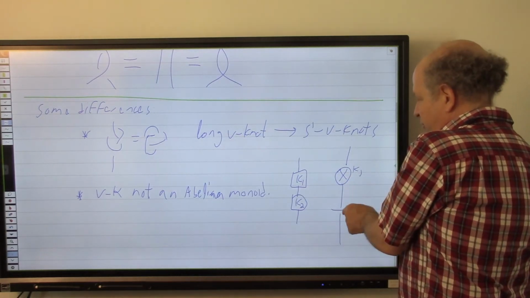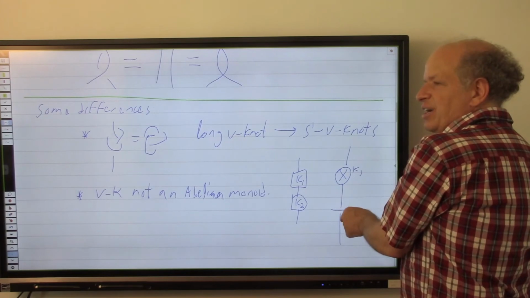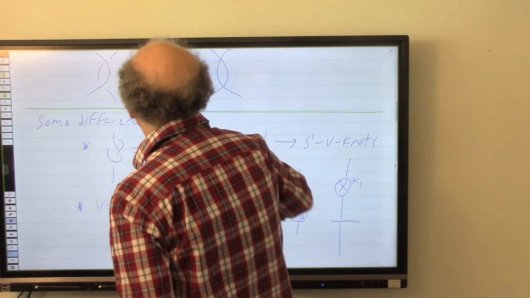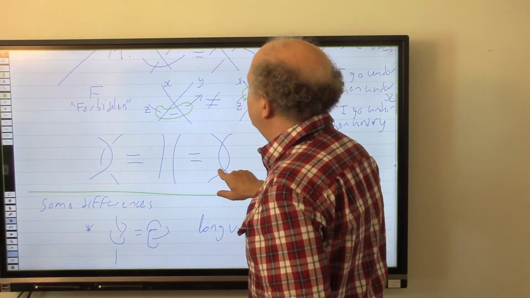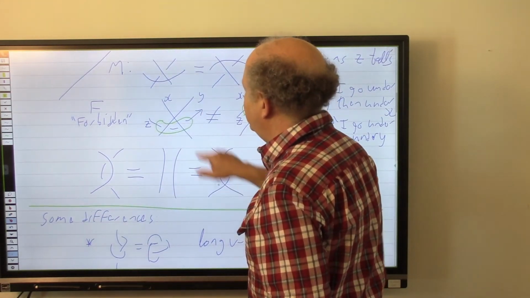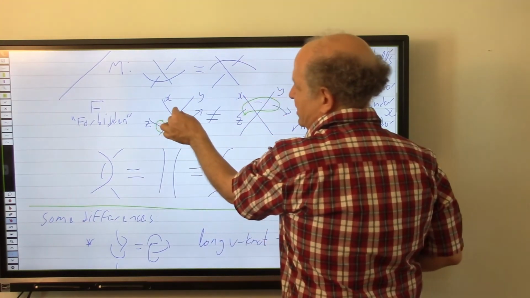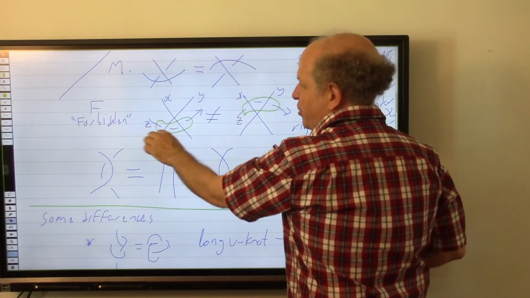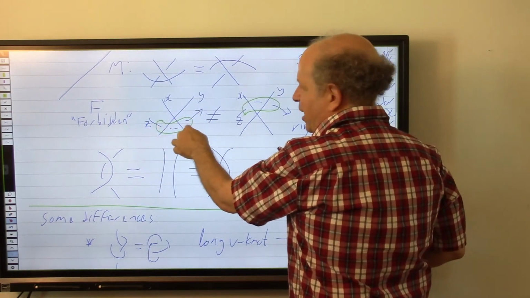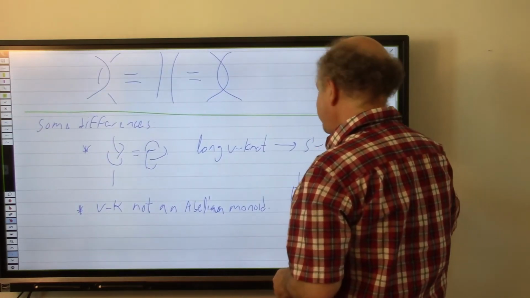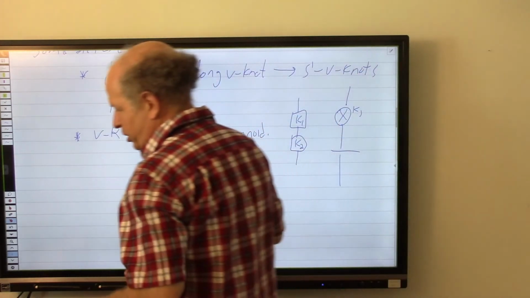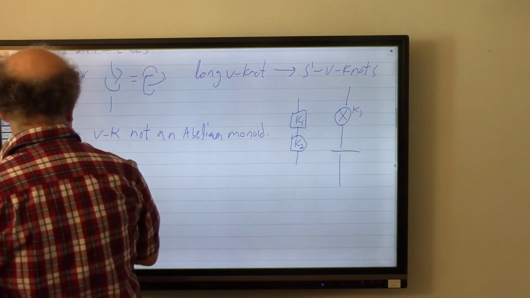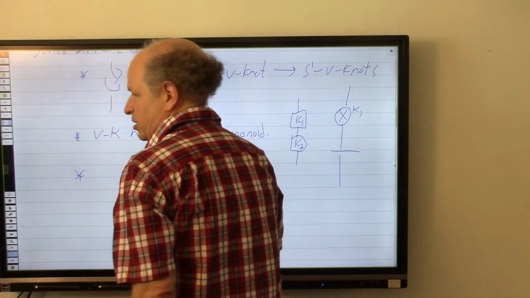But you cannot slide a virtual crossing under an ordinary crossing. This is precisely the forbidden move. You cannot slide a thing that has virtual crossings through, under, or above a classical crossing. So it's not an abelian monoid. Similarly, there are two mirrors.